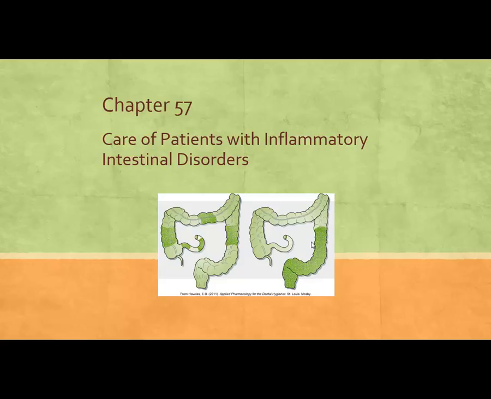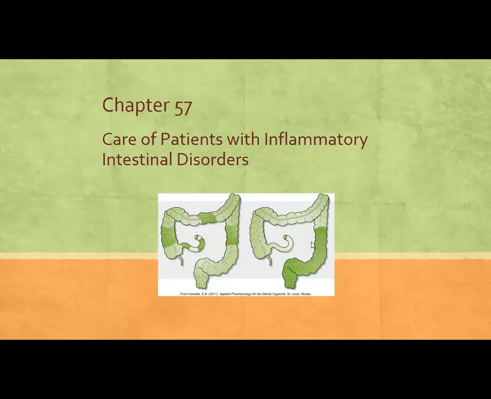Crohn's disease is a chronic inflammatory disease of the small intestine, the colon, or both. It's most often associated with the small colon. And really, Crohn's disease is like ulcerative colitis, but the disease presents as inflammation that causes a thickened bowel wall.